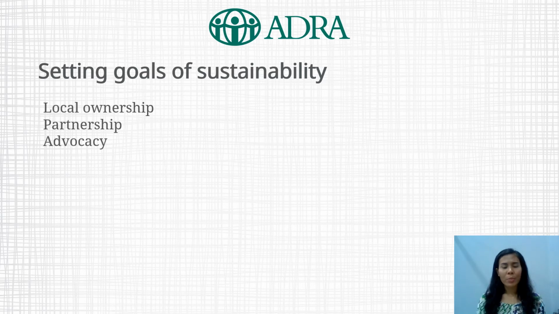And the other one is partnership. So what will Bright do to build and maintain or enhance existing relationships? And then advocacy. How will Bright work on advocacy so that we will gain full recognition and support of local government or duty bearers?